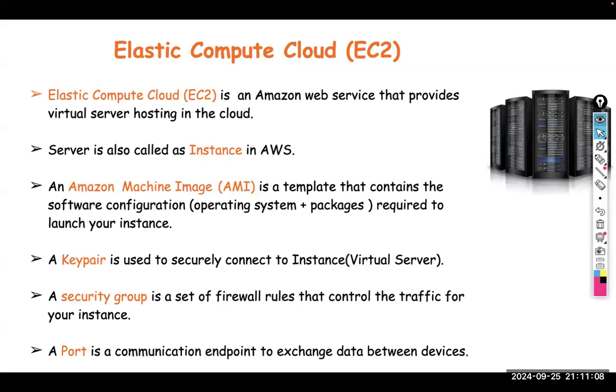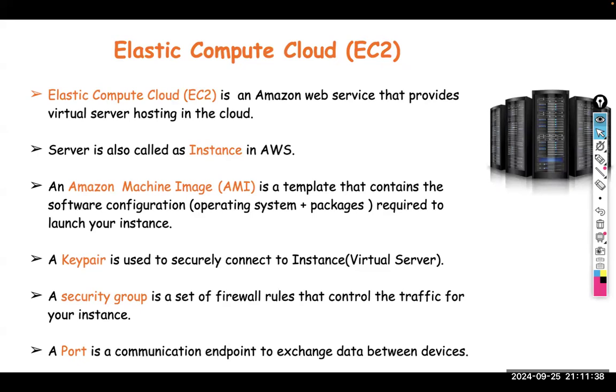If you want to access a Windows machine, you need to open the RDP port. Ports are like an entry for the room. If you want to go inside the room, the door should be open. If the door is open, then only you can go inside. If the door is closed, you cannot go inside. Like how a door acts for the room, a port behaves as a door for your server.